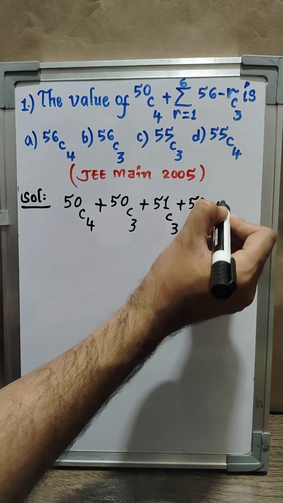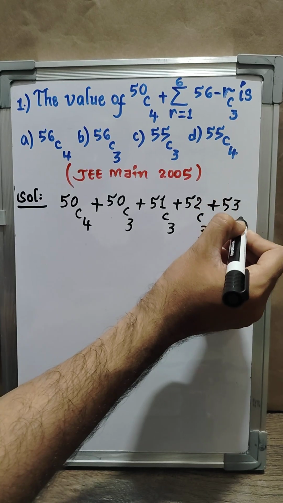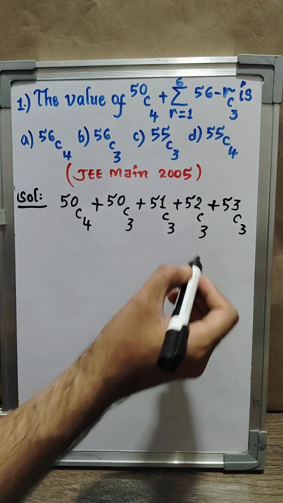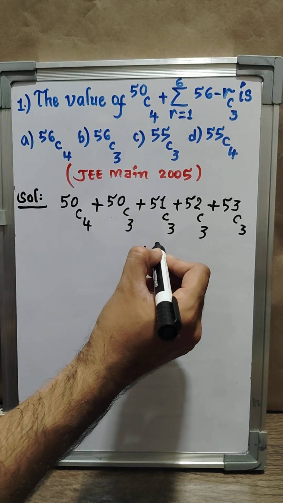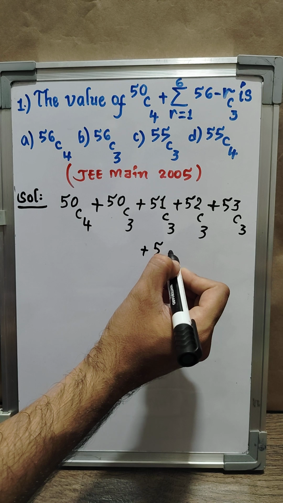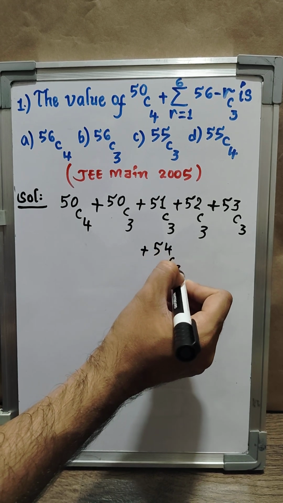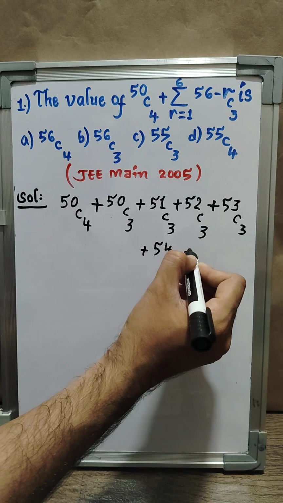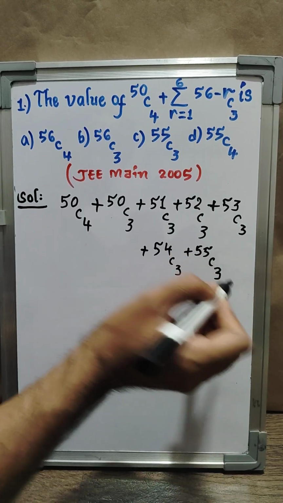If you place 3 you get 53C3, plus, if you place r as 2, 54C3, and r as 1, 55C3.